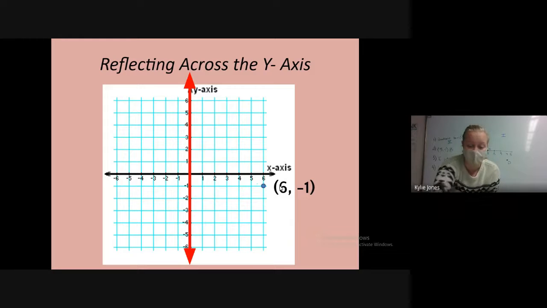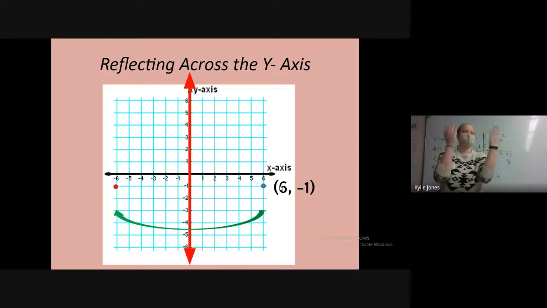So negative 6, negative 1 flips all the way across to the other side. If we were to fold this coordinate plane in half, those points would go on top of each other. It's a reflection across the axis. All we've done is change the X coordinate.